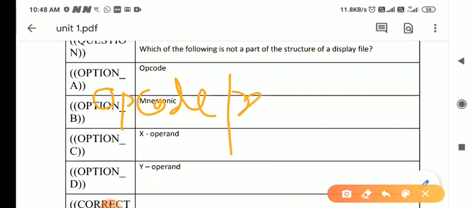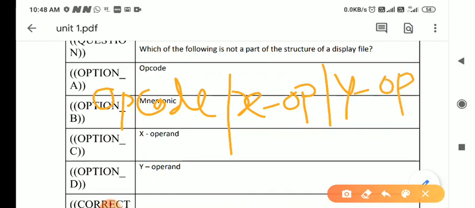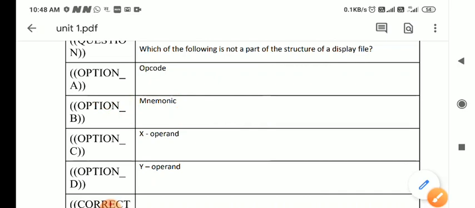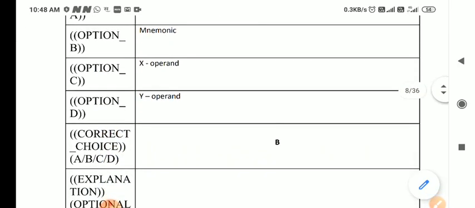Then we can say x value or x operand and y operand. Okay, and then other information of this, like which segment to on, which segment to off. So here there is no any mnemonics. Okay, so these three are true. So the answer of this is the mnemonics. That is B.